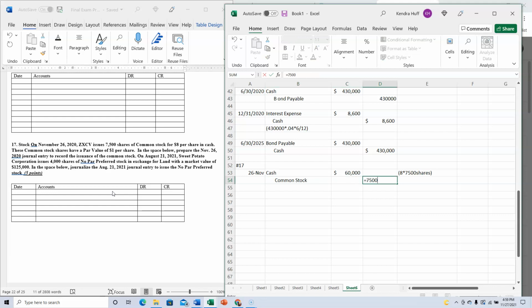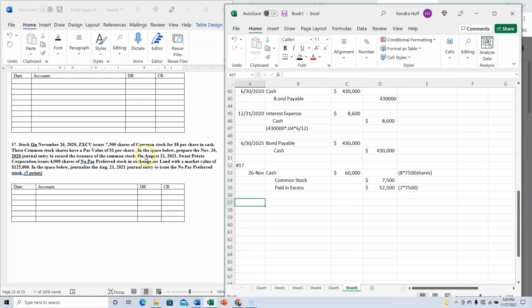But the most we can credit common stock for is the par value of $1. And the difference goes into paid in excess. You could also calculate it, and it would be 7 times 7,500. The 7 is the 8 that you received minus the dollar par.